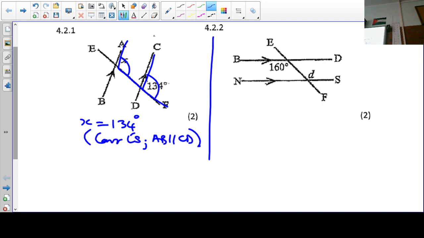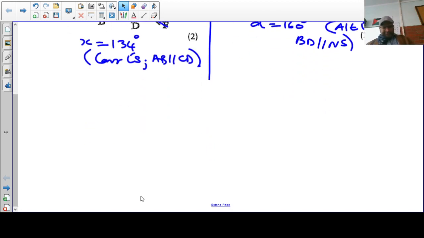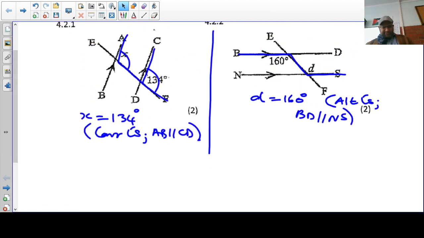Okay. Let's look at this here. D is 160. Alternate angles with BD being parallel to NS. Okay. Let's go to the next question.